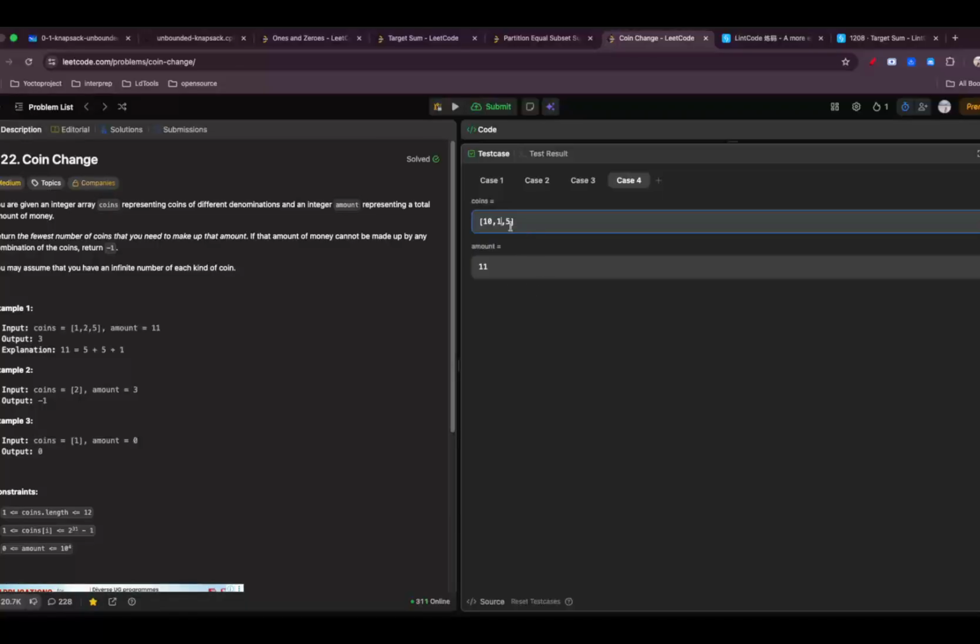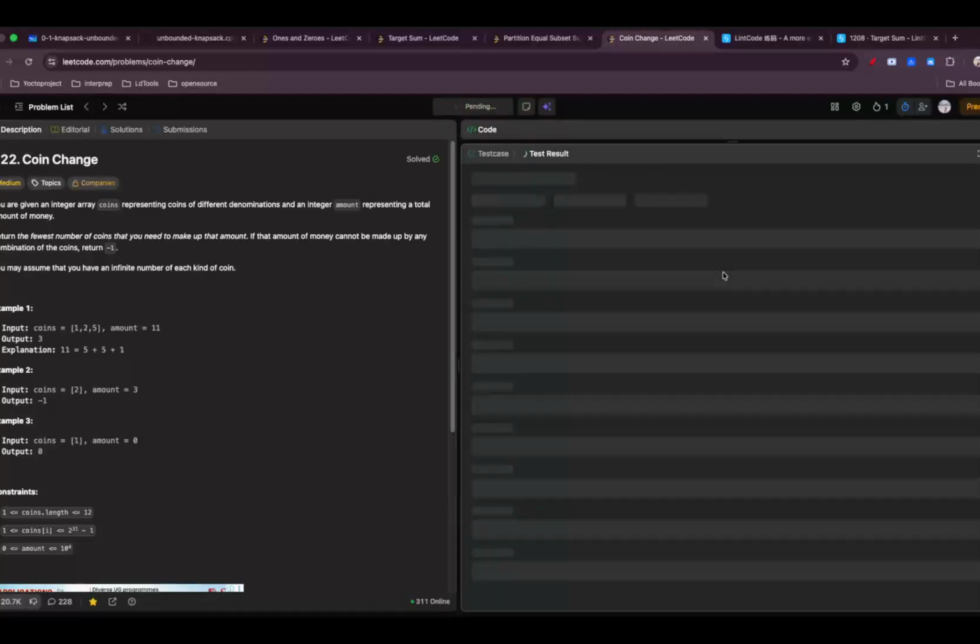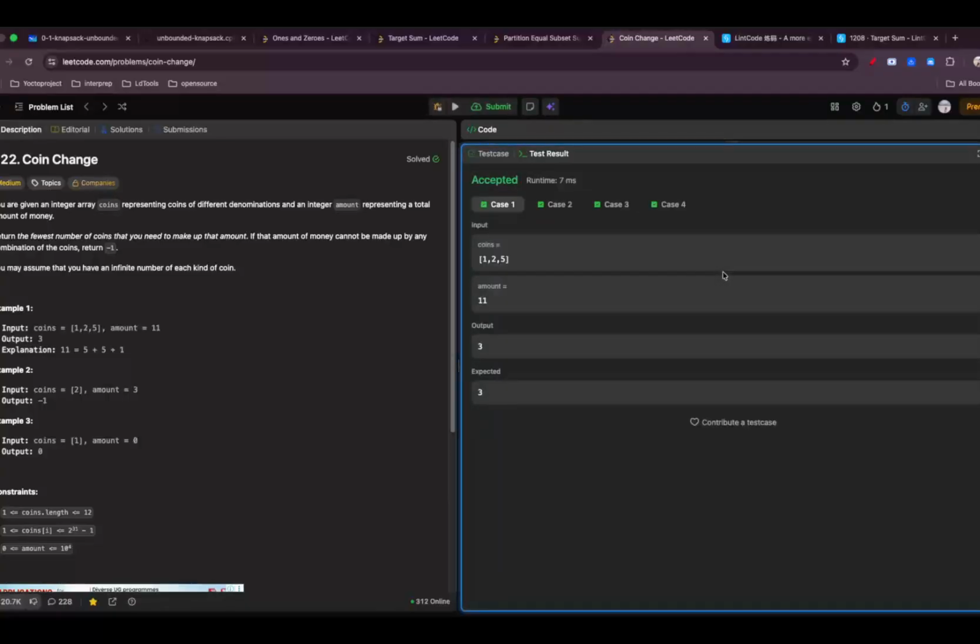So 5 plus 6 will be 11, and the target is 11. But there is a 10 which is closer to 11, but it's only one coin. So anyhow it will return the number of coins for the exact value.